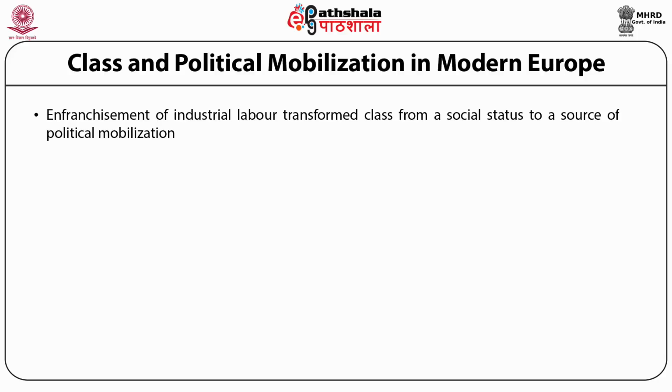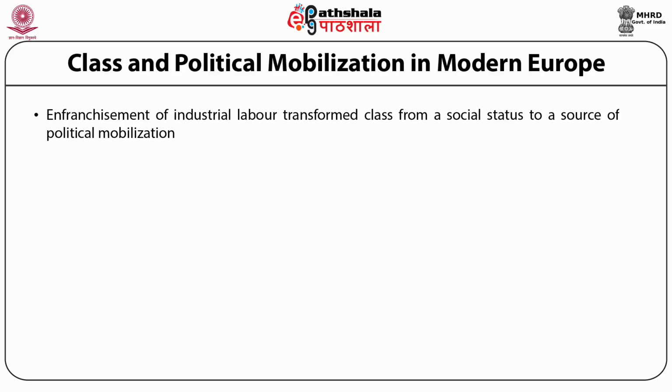So today, class has been politicized, and class identity is used as a basis for mobilizing people to get their votes. So in that sense, modernization has led to politicization of class cleavages in Western societies.